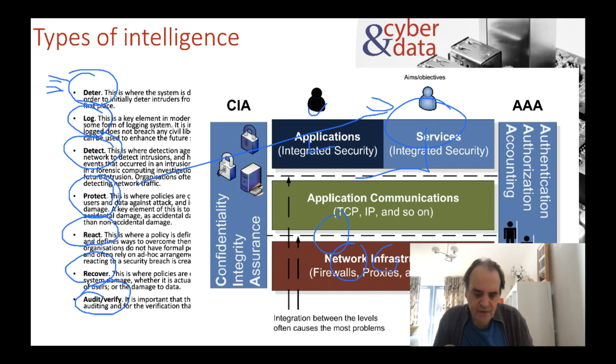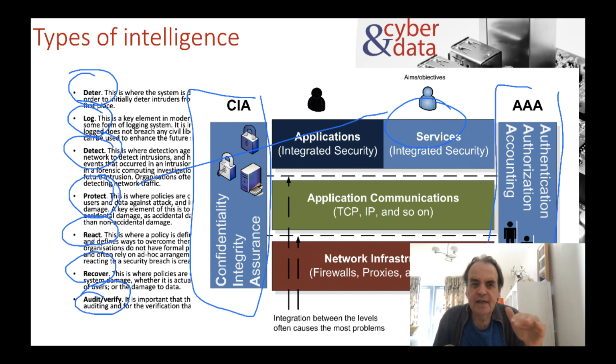Okay, so what we try to do is to be able to create an overall secure infrastructure. So that means that we integrate CIA, confidentiality, integrity and assurance, across the whole of the network infrastructure for the devices, the applications, the services and the communication protocols, to make sure that they're all integrated. We might also define this as AAA, that's authentication, authorization and accounting.